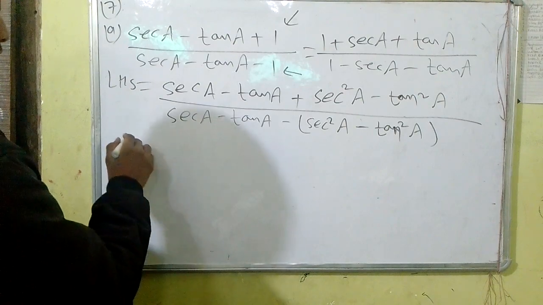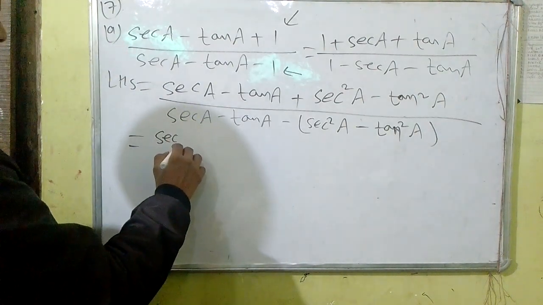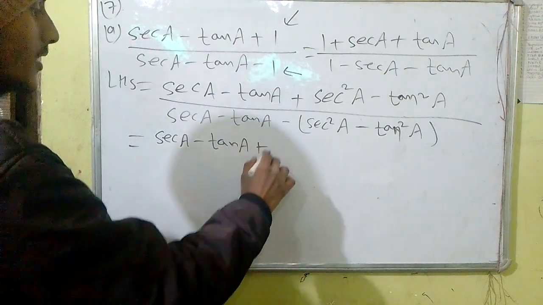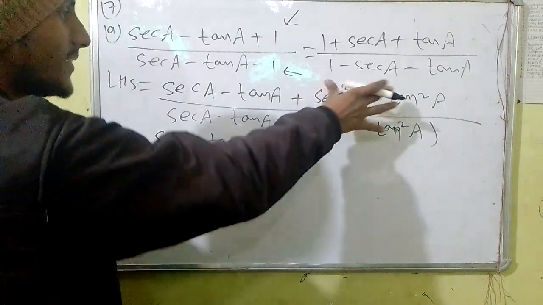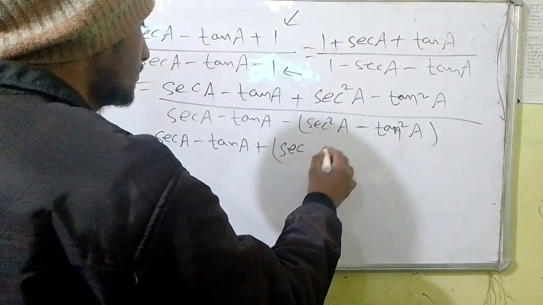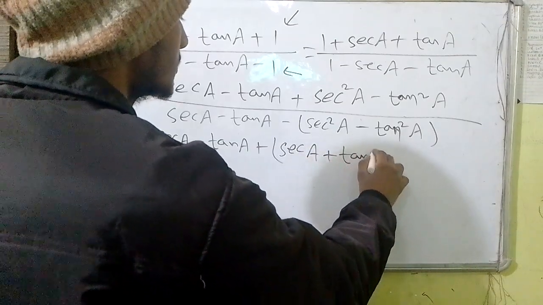Now we can further write this as secant a minus tan a plus, and we're going to expand this out using our algebraic formula. The logic is pretty simple.